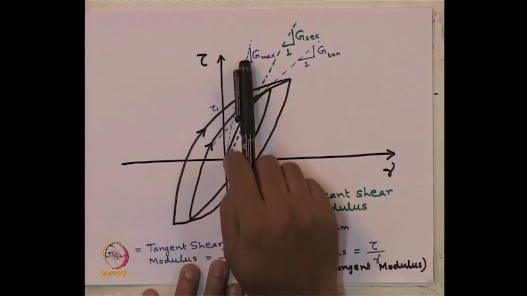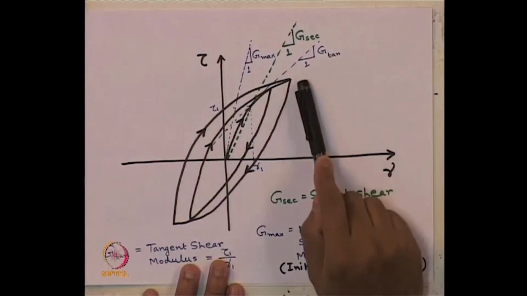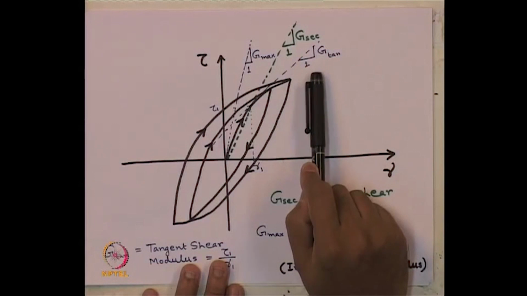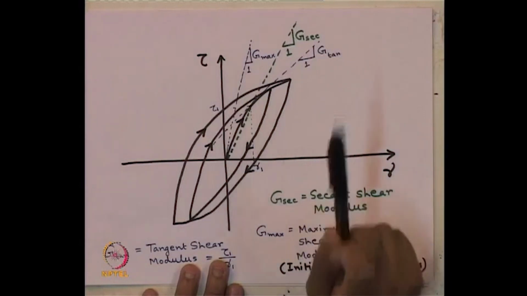So, that is why linear analysis is the dangerous one to consider. On the other side, if we take G tan, there we are taking the lowest value of G, which gives the accurate picture of the behavior of the soil sample.